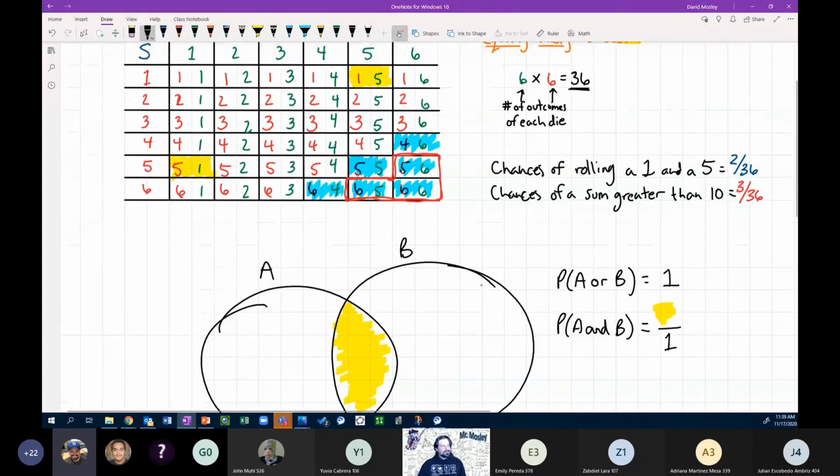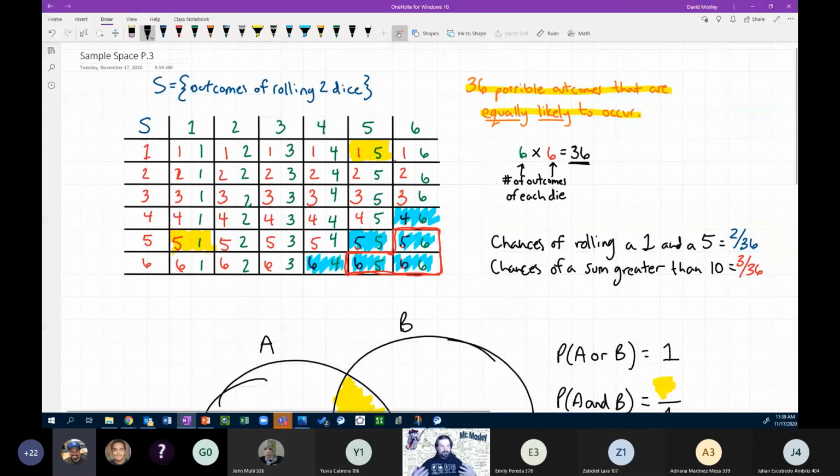If we look back at our sample space scenario, let's say that we want the probability of a sum of 7 and a green 3, right? It's very specific.